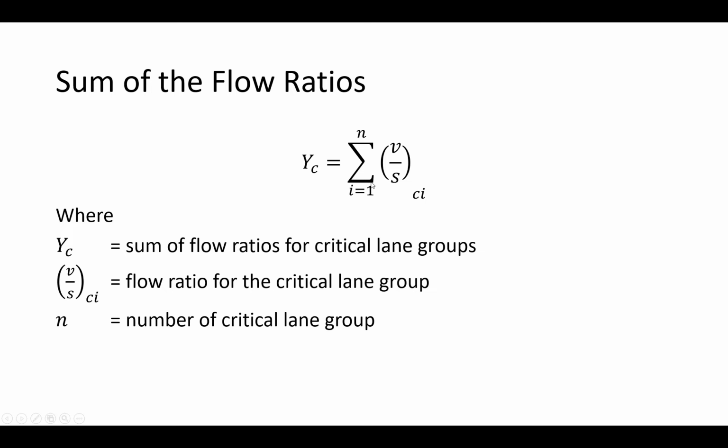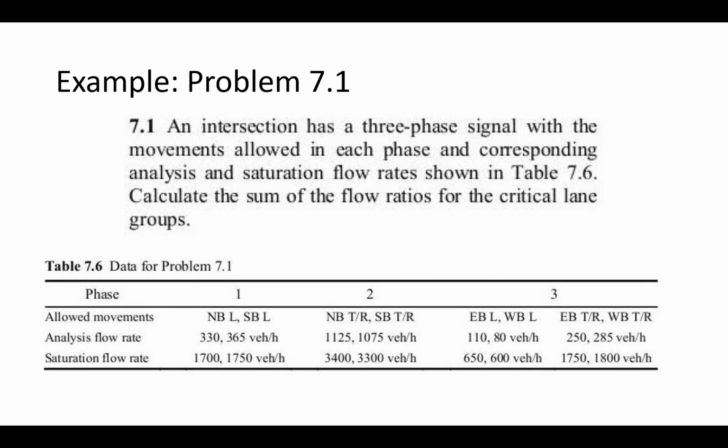We say 1 through n is the number of critical lane groups, but that's also the number of phases you have, so each phase has a critical lane group. We take that critical lane group out of each phase, calculate the flow ratio for that, and sum those together, and that gives us this Y sub C. Maybe this will make it easier to look at.